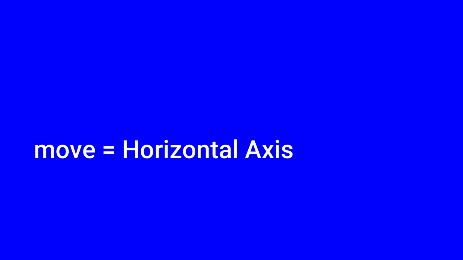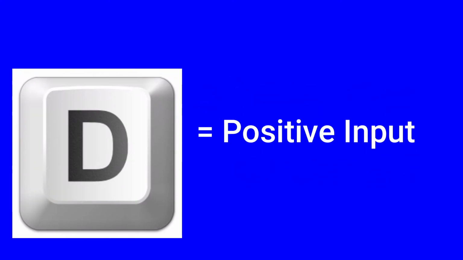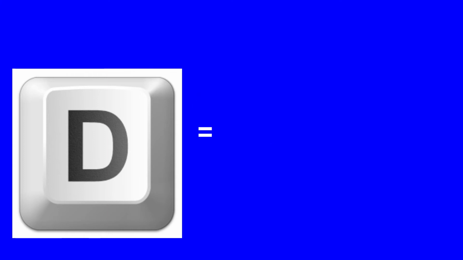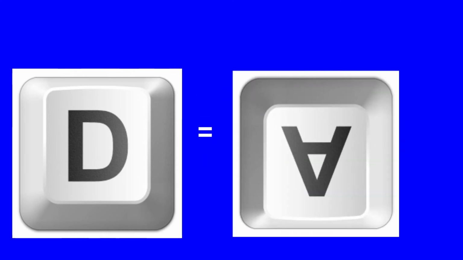So that means we can set the move variable into the horizontal axis that we hit, because there's some values in that axis. For example, if I hit D, the move value will increase into a positive value because D is a positive input for the horizontal axis. It's actually the same as the A, but in the opposite way.